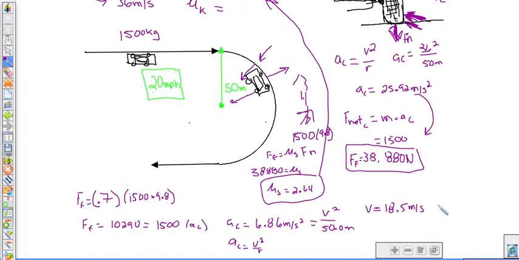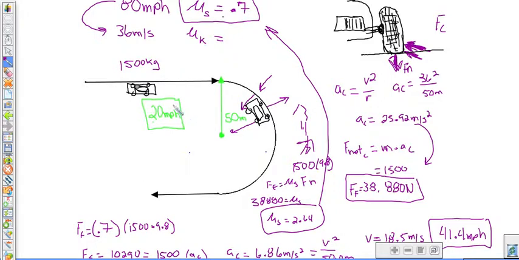If you want to know what that is in miles per hour, it's 41.4 miles per hour. So if I exceed 41.4 miles per hour around this turn, I am going to start sliding off and die.